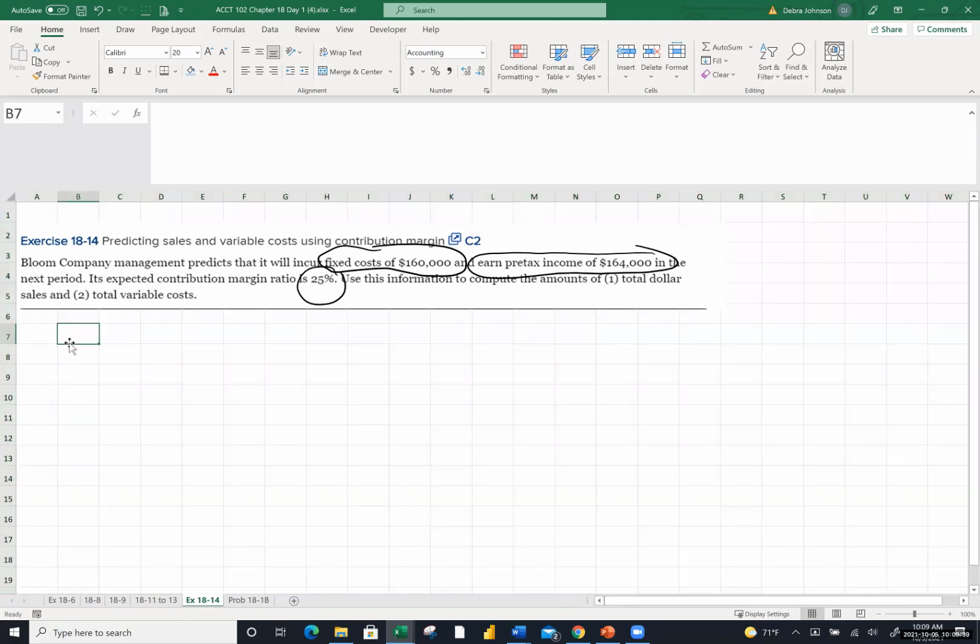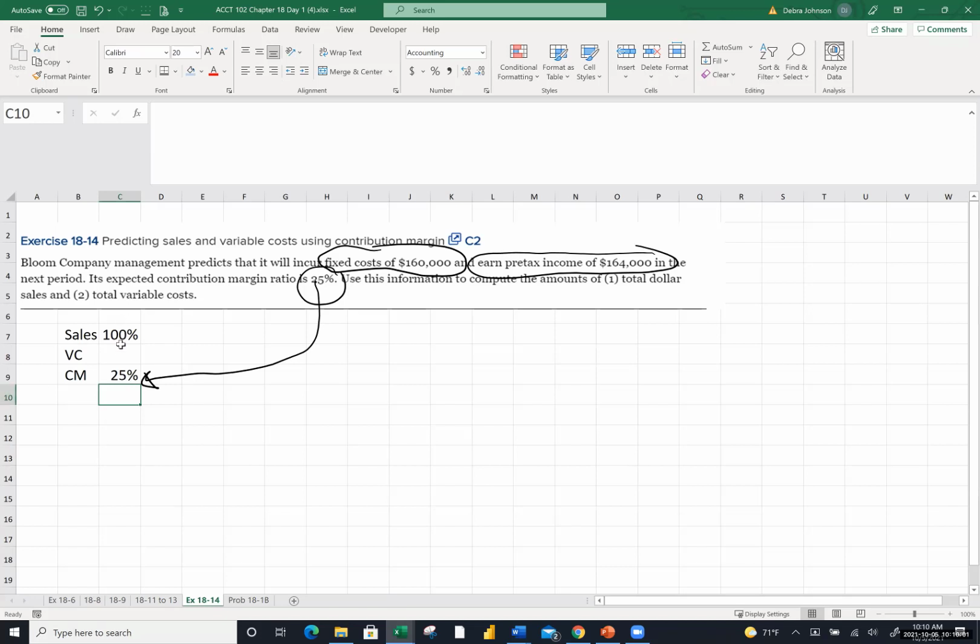Okay, I think we can do this. Here's what I know. I know that sales less my variable costs give me this contribution margin. And I know that sales is always 100%. And they told me that their contribution margin is 25%.